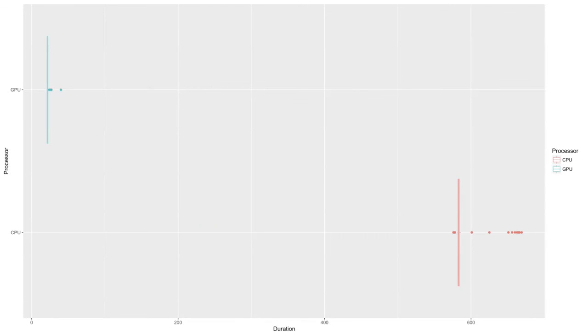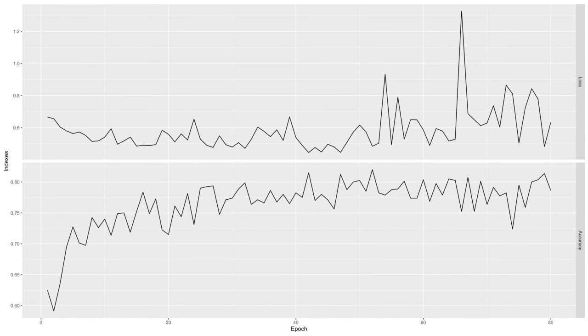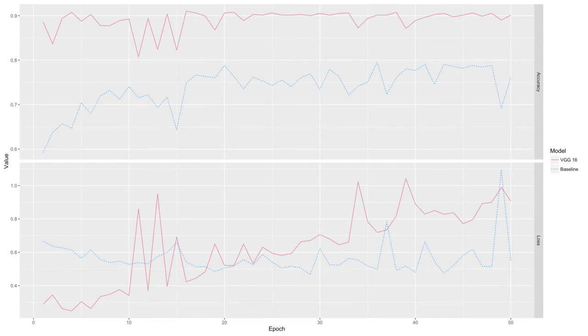And when we compare the running time of GPU with CPU, we find GPU significantly reduces computational time. With the increase of epoch number from 50 to 80, we didn't find much improvement. These two graphs indicate that the VGG16 model has a great advantage over our baseline model in terms of accuracy.